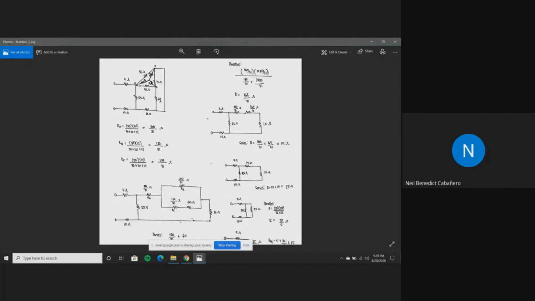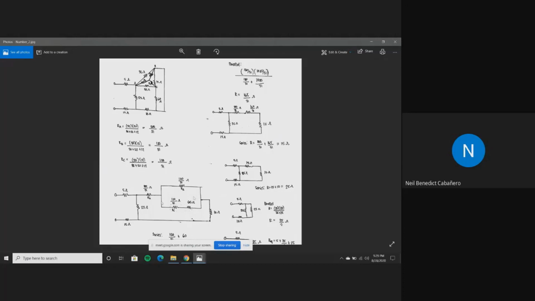As we can see, this is node A, RA, which is this one, RB, RC, and the 60 ohm resistor that is connected at RC, which is in series with RC. And this line represents the resistor connected to the 10 ohm resistor. So this is a much simpler one.